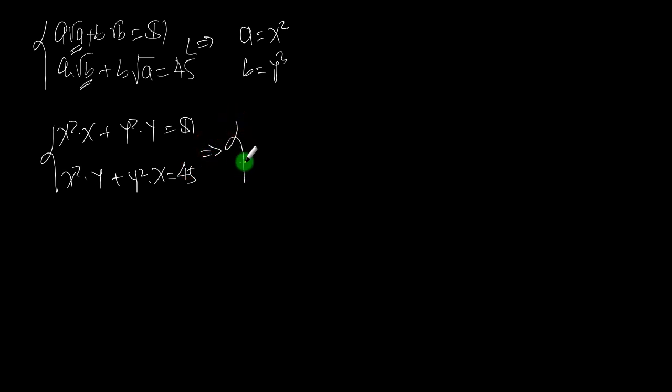So this would be x cubed plus y cubed, and this is going to be 81. And then here we're going to have x squared times y plus x times y squared, and this is going to be 45.